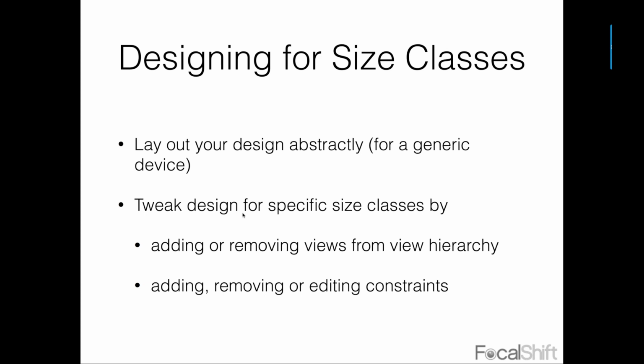And what you'll see when we get into the demo with Xcode is that by default, when you open up a storyboard and you add a view controller to it, the view controller is square and it's a resolution or a point size on the width and the height that do not directly equate to any existing physical device. So I think the width and the height end up being something like 600, but I'm not sure about that. So you end up with this square view that you're trying to design for initially.